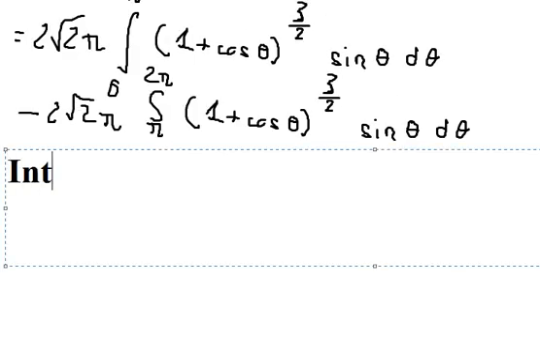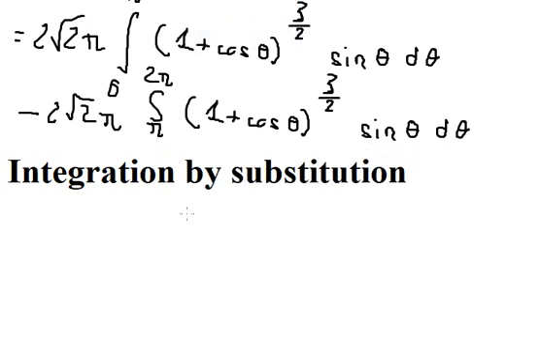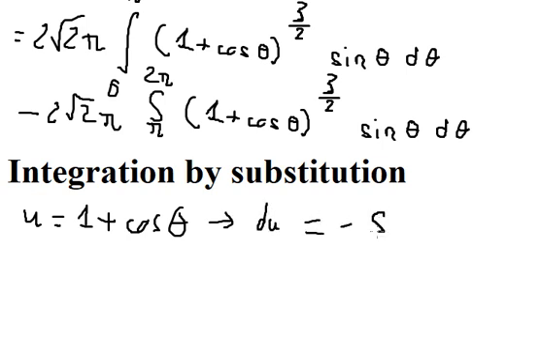So we use integration by substitution. So I will put u equals 1 plus cosine theta. Now we first take the derivative of both sides, and we have negative sine theta d theta.